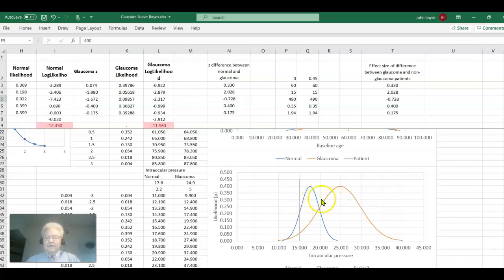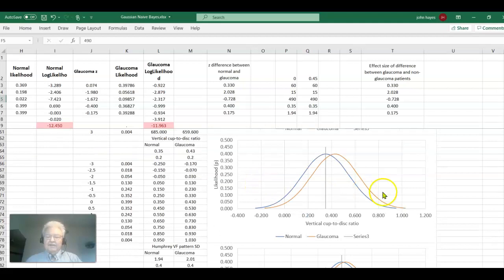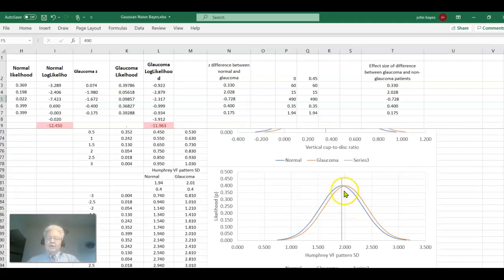So we're looking at the difference, but here we can see this massive overlap, and so you're taking little bits, little pieces of differences, and you're adding them up, and you're looking to see, are they closer to normal or closer to glaucoma, and then the winner is the one where you're leaning.